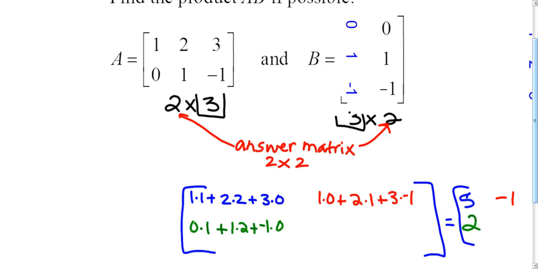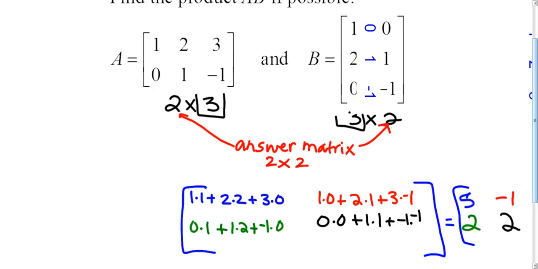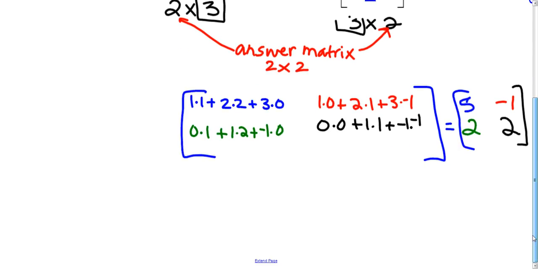So I move over to the next column now. Hopefully you can see that I'm going to do 0 times 0 plus 1 times 1 plus negative 1 times negative 1. And when I distribute all of that and simplify it, I also get a 2. This is my answer. My answer is still a matrix, but that's the process.